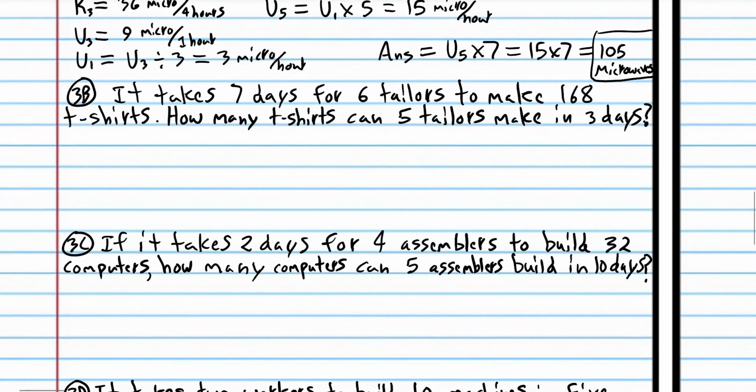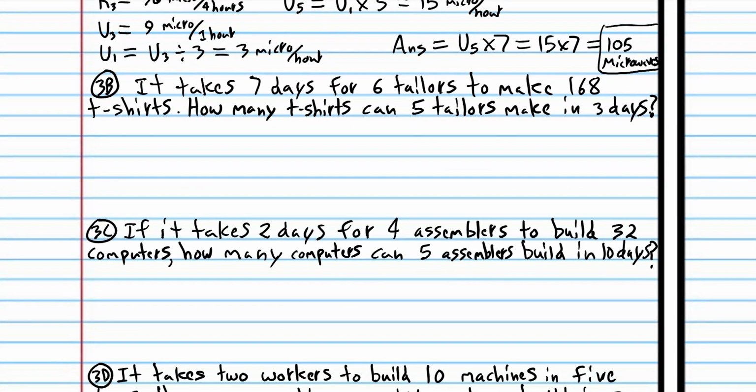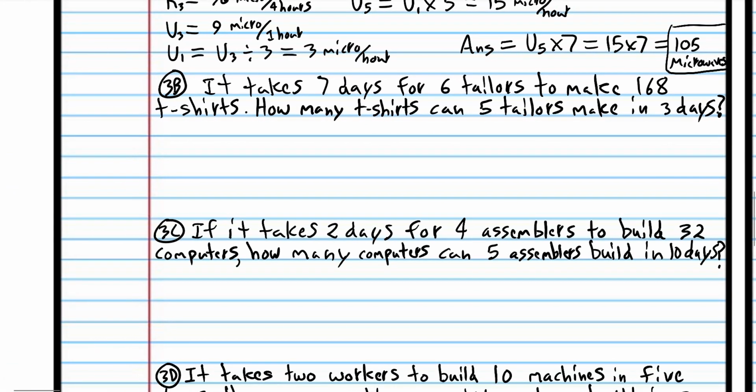All right, 3B. It takes 7 days for 6 tailors to make 168 t-shirts. How many t-shirts can 5 tailors make in 3 days? So the rate for 6 tailors is 168 t-shirts for 7 days.